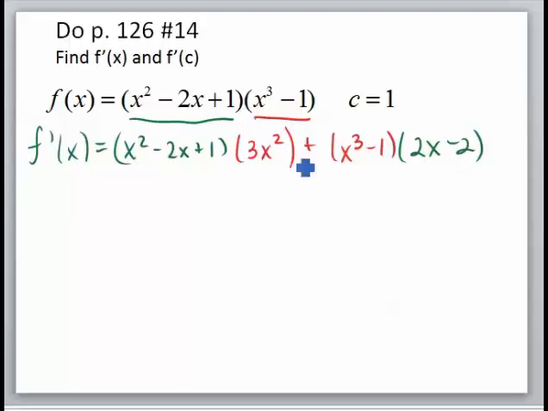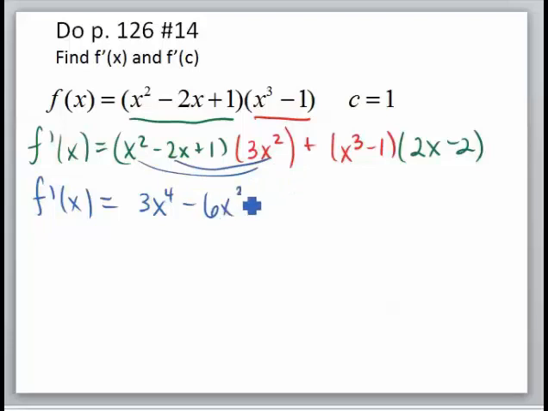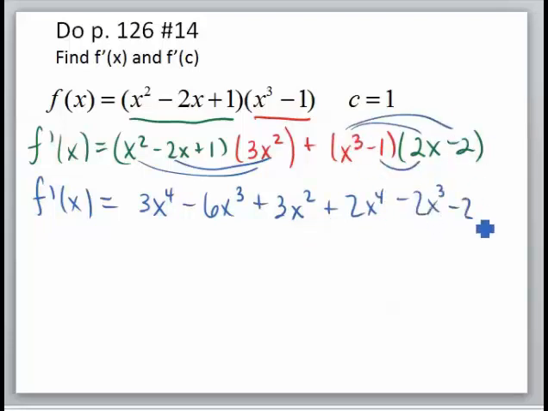If you want to simplify this, you can, or you can just leave it at this point and plug in 1. Just for today, I will go ahead and simplify it. Lots of times I'll leave this answer like this. There's no reason to simplify it, in all honesty. We end up getting 3x to the 4th minus 6x to the 3rd plus 3x to the 2nd plus, I get 2x to the 4th, I get minus 2x cubed minus 2x and then plus 2.